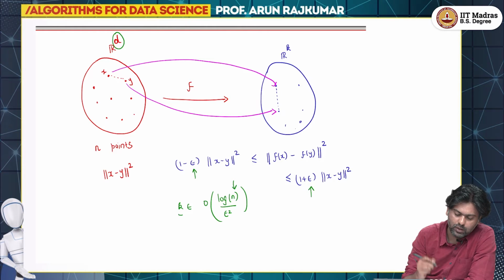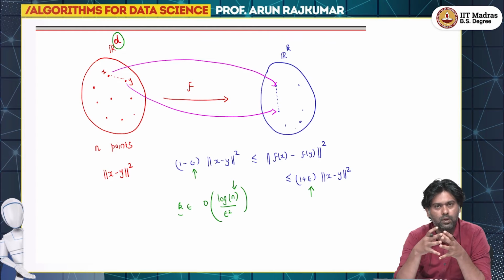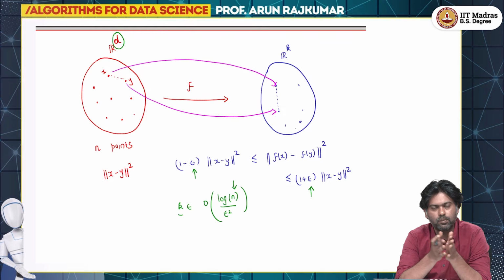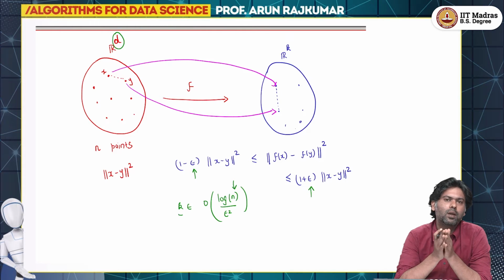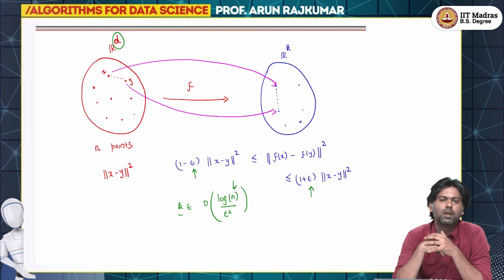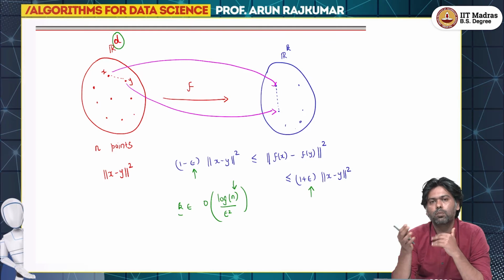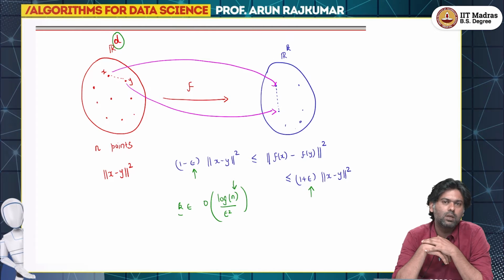So the larger the epsilon, the lesser the accuracy in some sense. If epsilon is, let's say, 0.1, then after I do this mapping, the mapped distances are at most 1.1 times the original distances, and at least 0.9 times the original distances, which is a good property to have for the map.